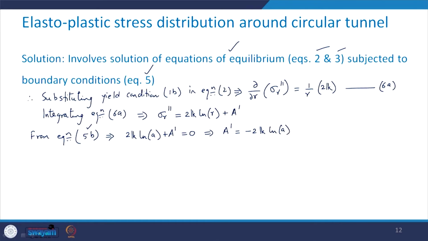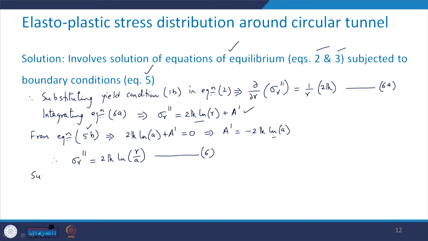Now, substitute it in this expression, and what you will get is sigma r double prime equal to 2 kappa ln of r upon a, because this minus sign will make this a to the power minus 1, and this term can be combined. So, this equation I am making as 6.